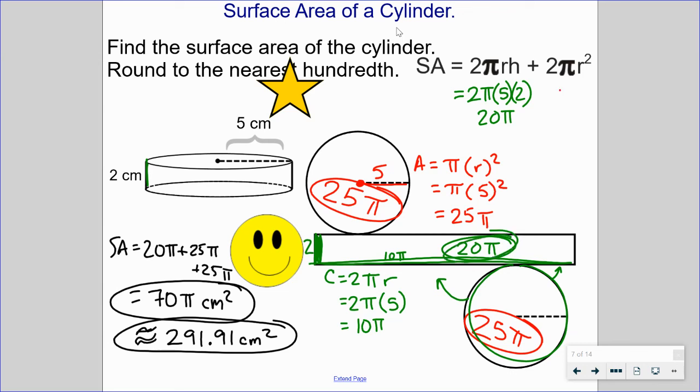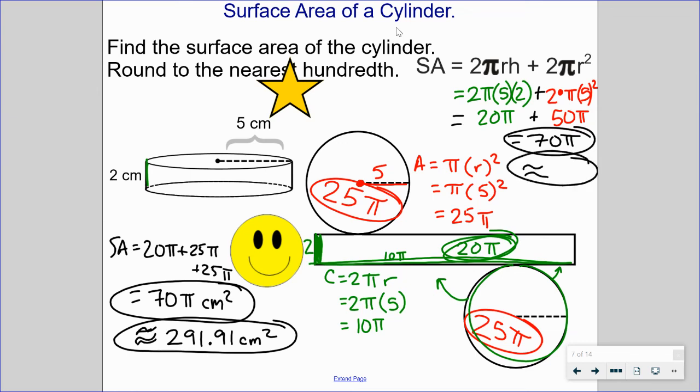And we have not one, but 2 circles, each with a radius of 5. 5 squared is 25 times 2 is 50 pi. Naturally, to find the total surface area, you will add those together. You will get your 70 pi. You will get your approximate answer as well. But let's go deeper and not just know a formula, but know where it comes from.